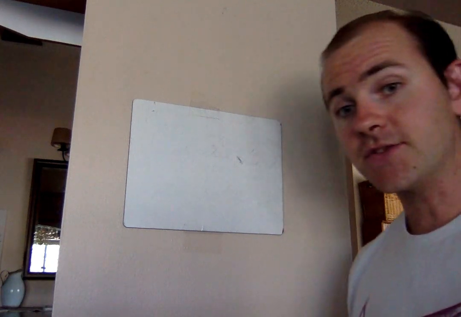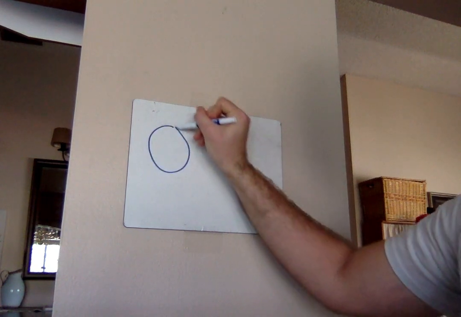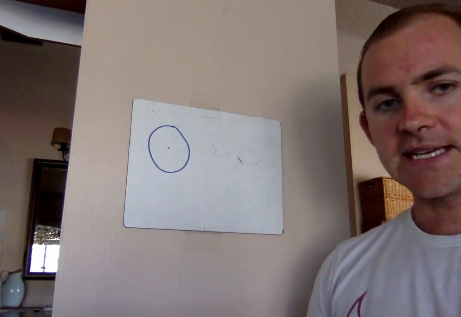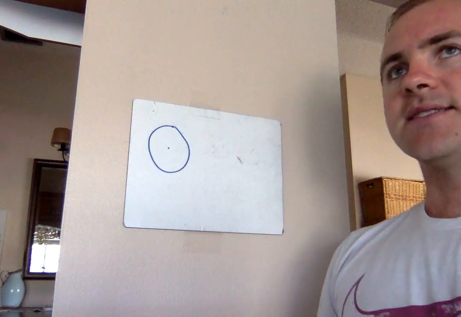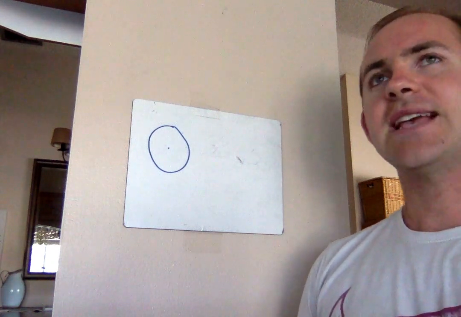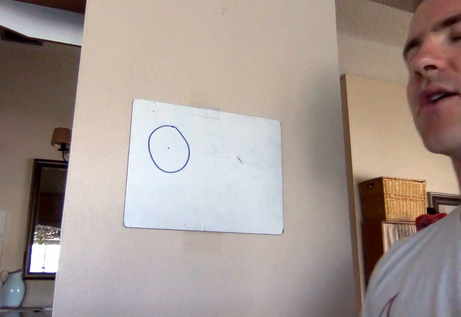The first is, what is a circle? Now, we actually did this before we unexpectedly closed school, but a circle, if you'd like to write down the definition, is a set of points that is equidistant from a fixed point called the center that lie in a plane. So let's try that one more time.